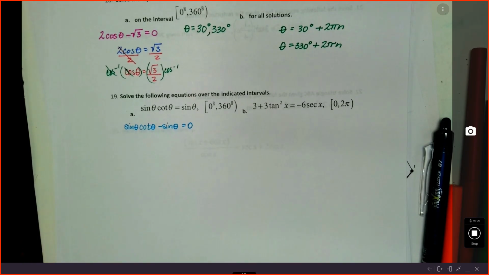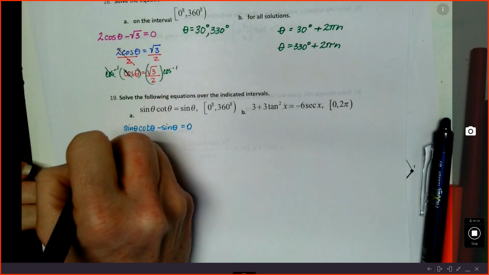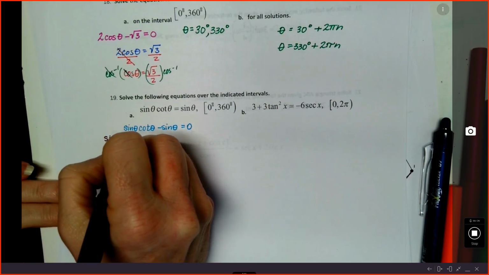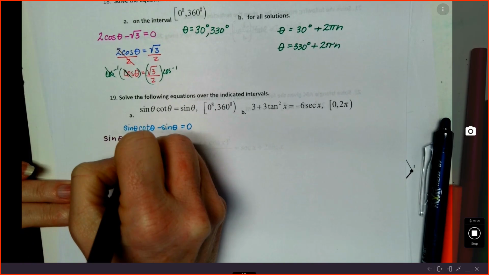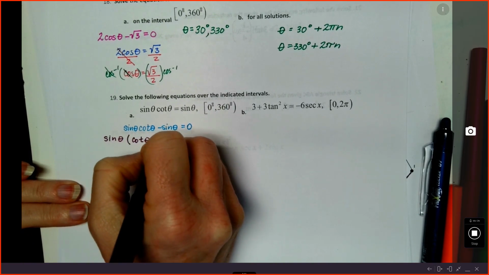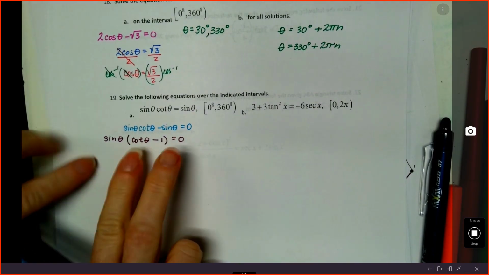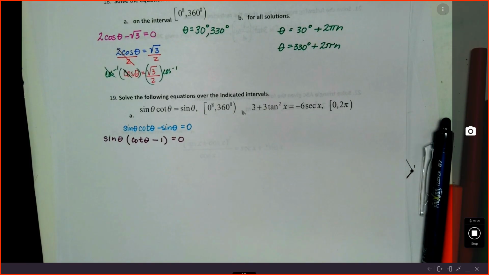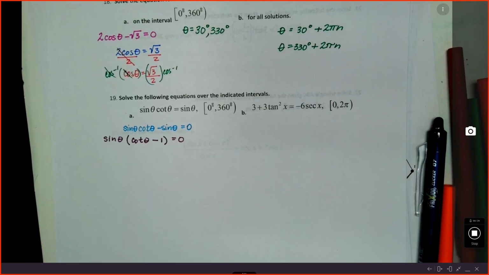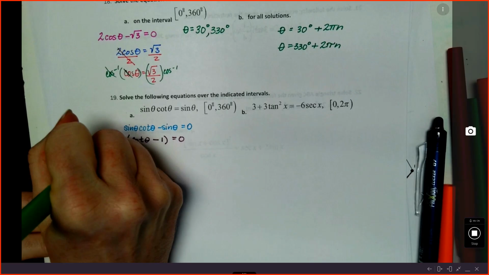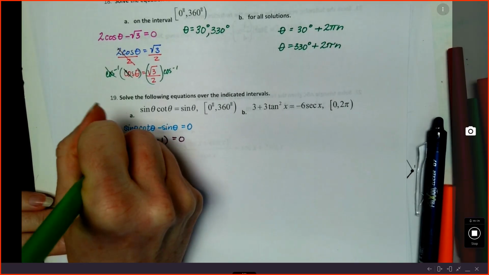Let sine equal u or something. So you can just factor sine out. So sine theta times cotangent theta minus 1 equals 0. Now that you have it like this, you have two separate problems, so you can set each equal to 0. So sine of theta equals 0.